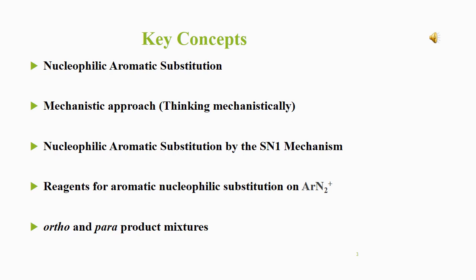First is a brief introduction of nucleophilic aromatic substitution and its types, then thinking mechanistically, then the retro of a few of the compounds, then nucleophilic aromatic substitution by the SN1 mechanism, then reagents for aromatic nucleophilic substitution on aryl diazonium compounds, which is a type of SN1, then ortho and para products we shall be discussing.